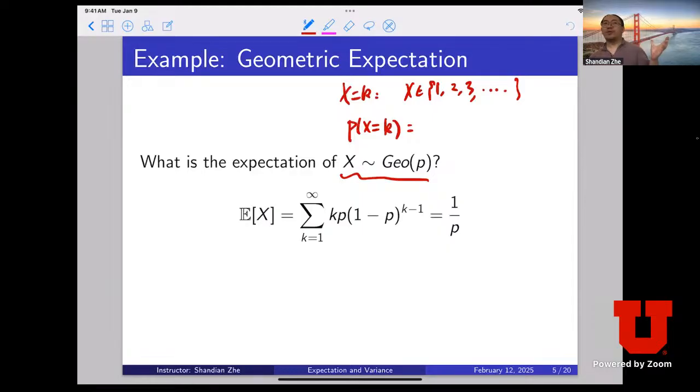Could anyone tell me the formula to compute this probability? I wouldn't say plus. If X takes the value K, it means the first K minus 1 trials all failed, and then the kth trial succeeded. So what's the probability?